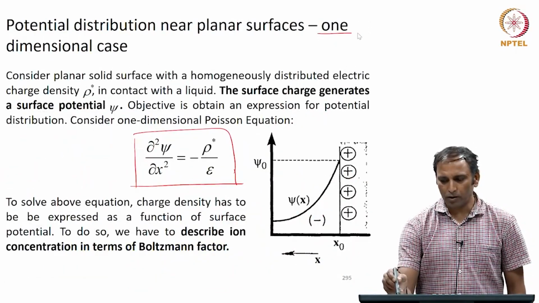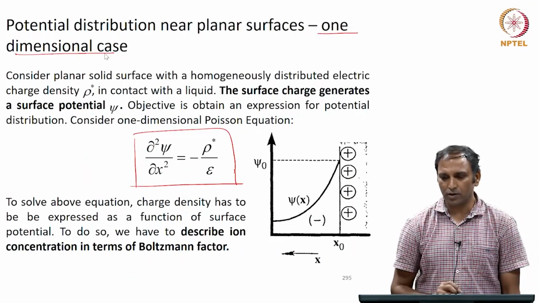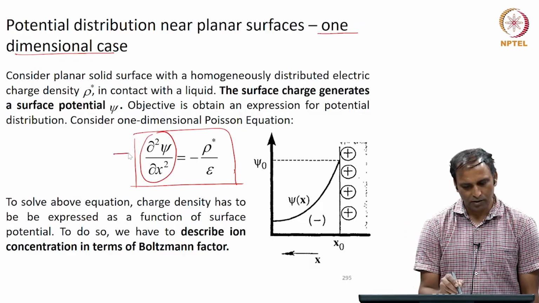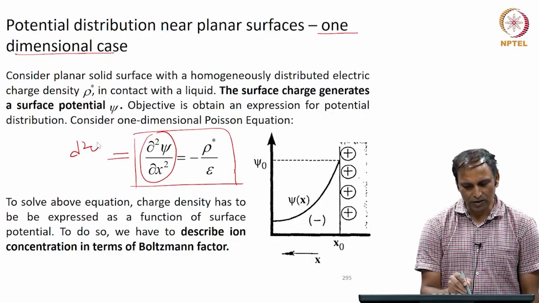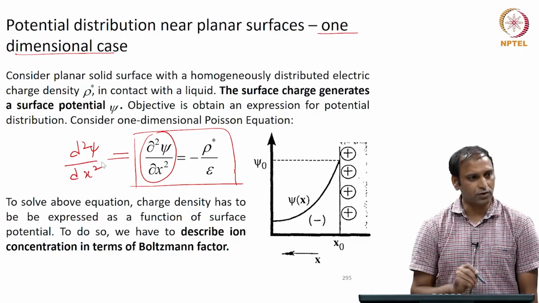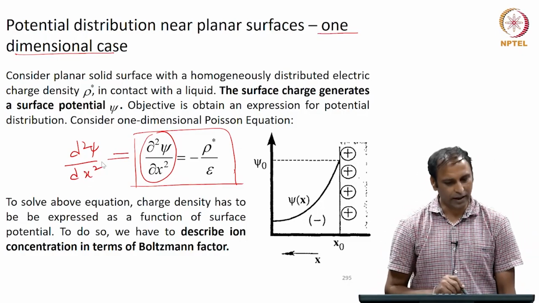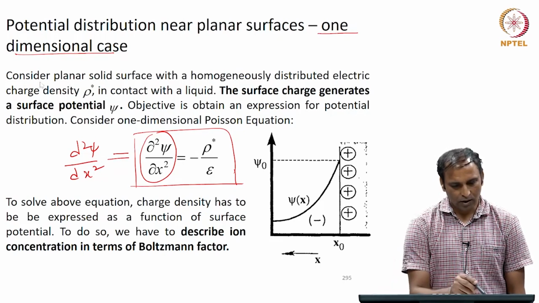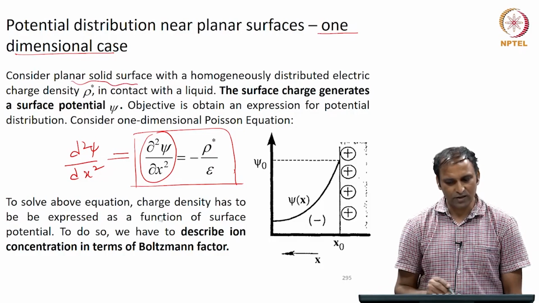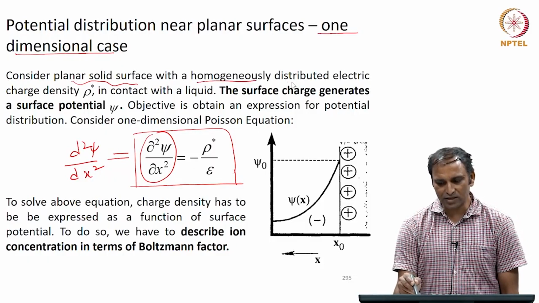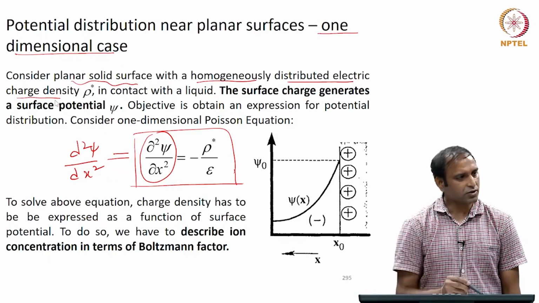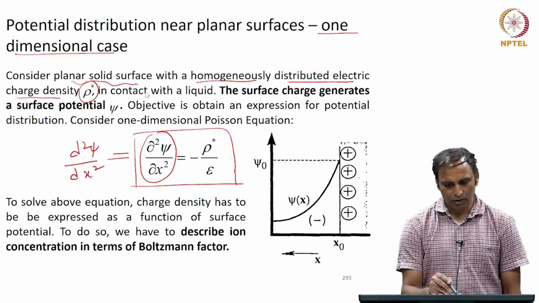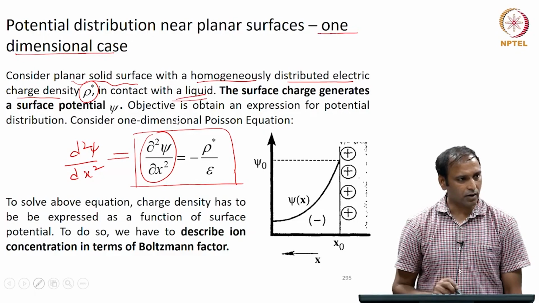We will only talk about the one dimensional case, in which the potential varies only with x. Therefore I can write this as d square psi by dx square equal to minus rho star by epsilon. So what we are looking at is a planar solid surface with homogeneously distributed electric charges such that the density is rho star, that is in contact with a liquid.